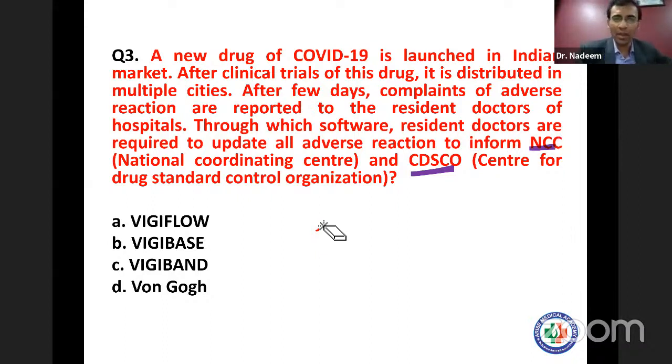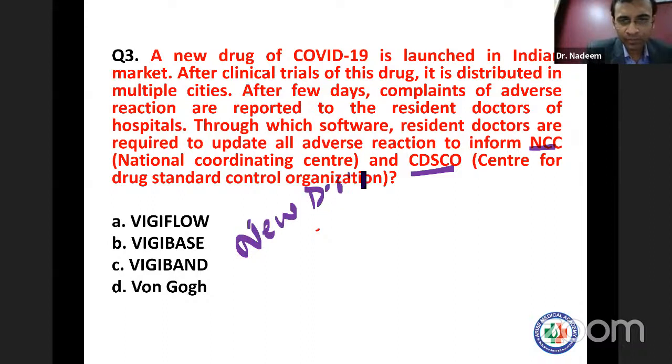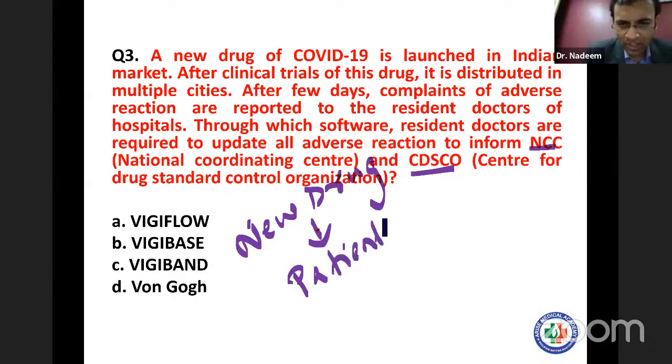So basically what I am asking you in this question, very easy question. What is happening here? There is a new drug in the market. After that, this new drug was prescribed to so many patients, distributed to patients, and patients started using it.